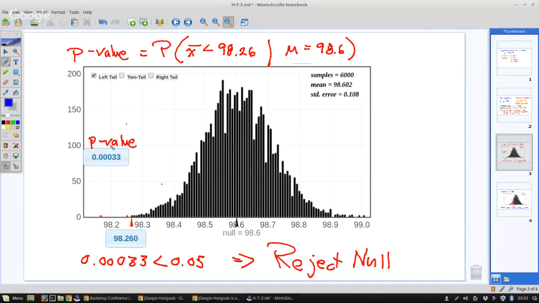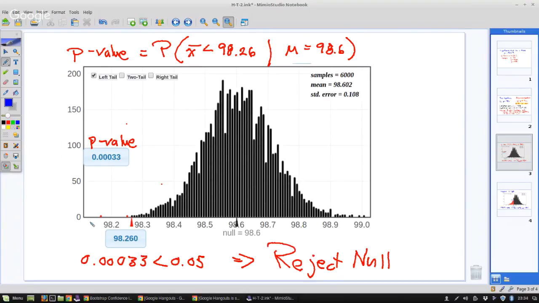The p-value is, in the case of StatKey, I did 6,000 samples of this data. So that means I have 6,000 samples each, and a plot of the mean of those samples, and only a small percentage of them, 0.33 of the 6,000, came up with an average of 96.26 or lower.